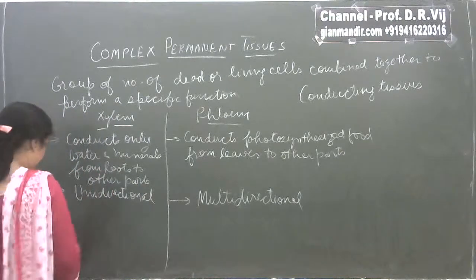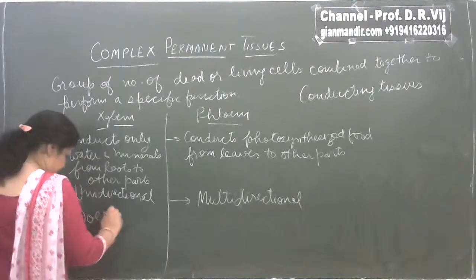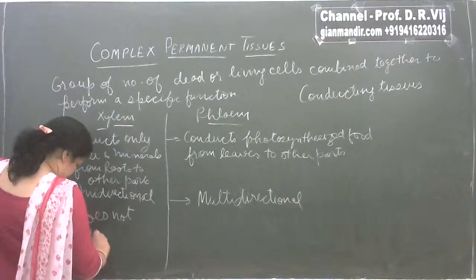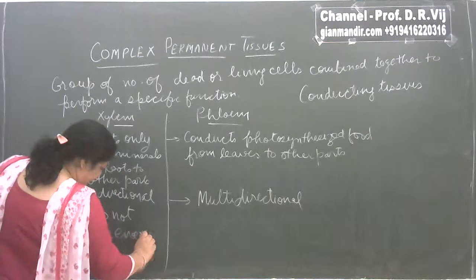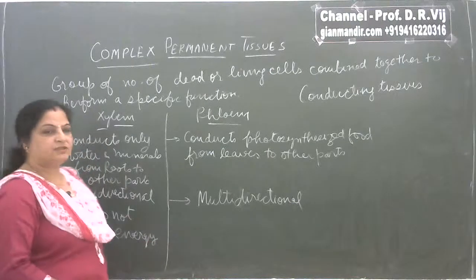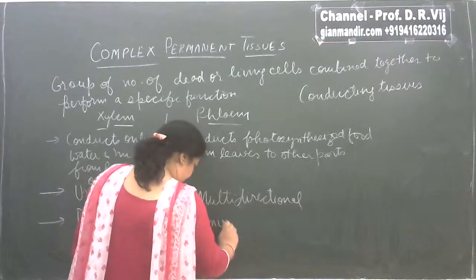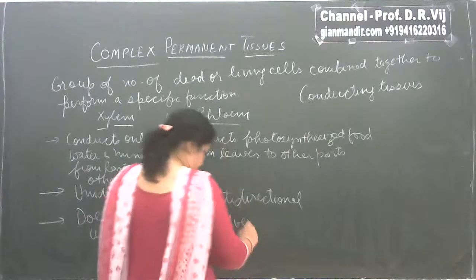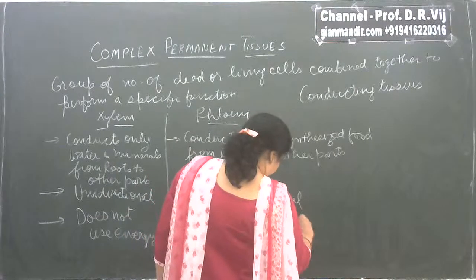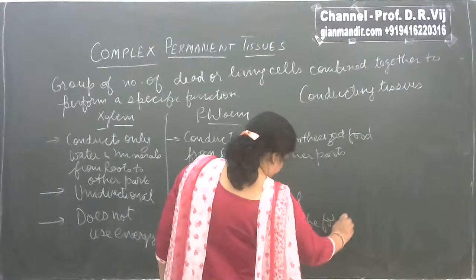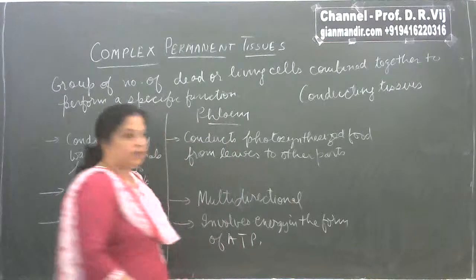And another difference is that the conduction in xylem does not use energy. It is a simple physical process which occurs on its own. But the conduction in phloem involves energy in the form of ATP, right?